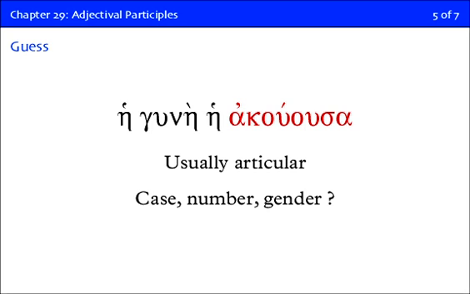Okay, let's change the first illustration just a little. Let's say you have hey gune, hey akusa. Now akusa is what? Okay, it's a present active participle, nominative singular feminine, from akuo, meaning hearing, right? But when you look at this, how is this participle functioning?